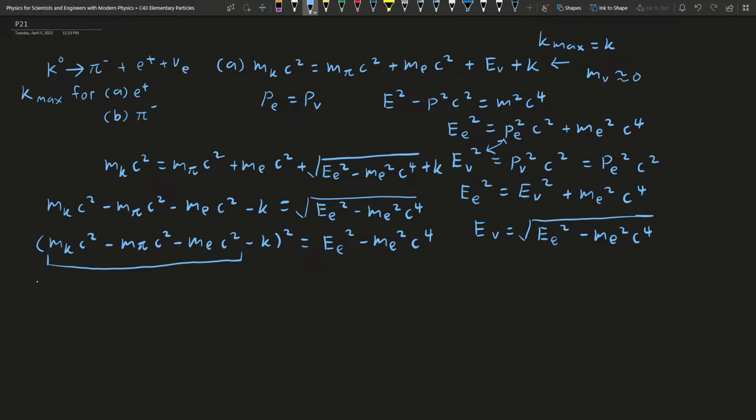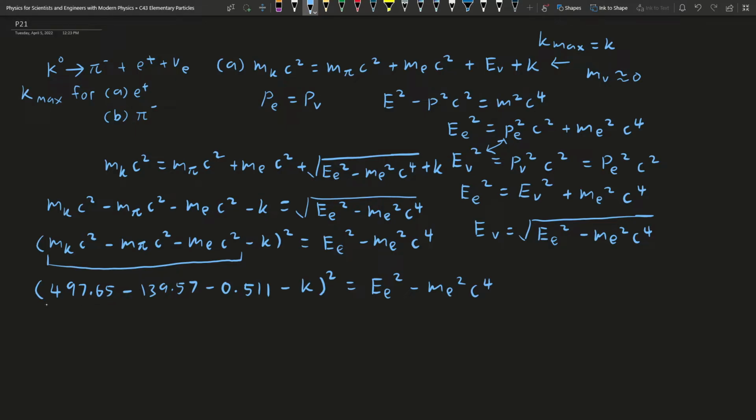We have the mass of the kaon, 497.65, minus 139.57, minus the mass of the positron, 0.511, and minus K, all squared, equals E_e² minus m_e²c⁴.